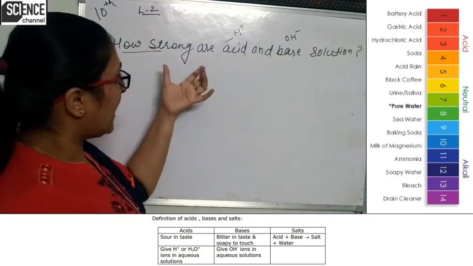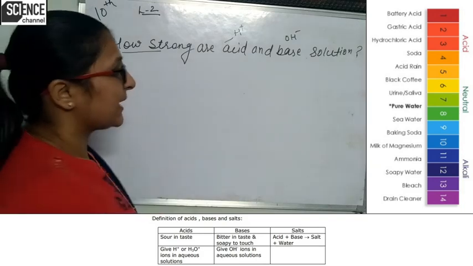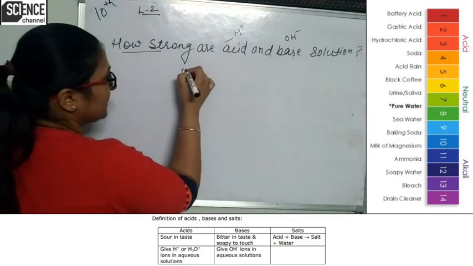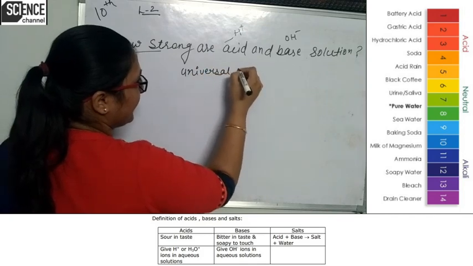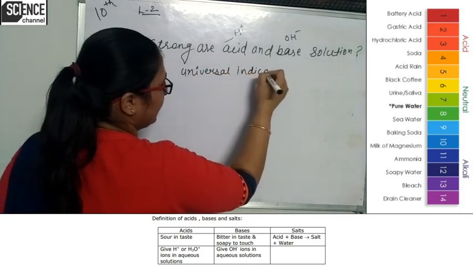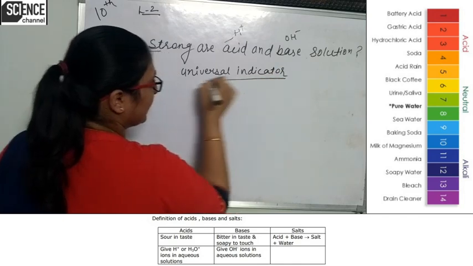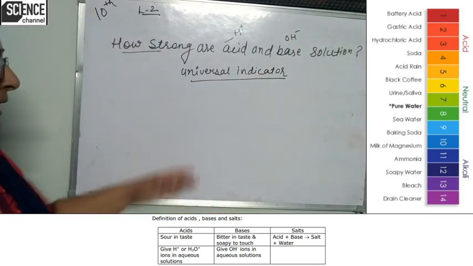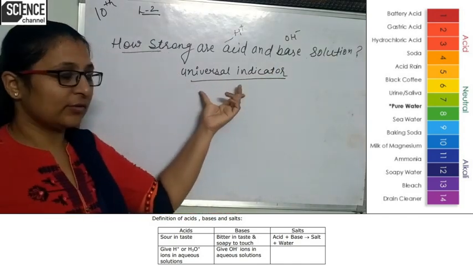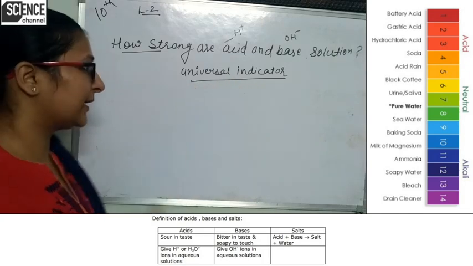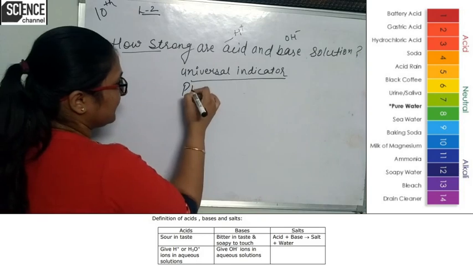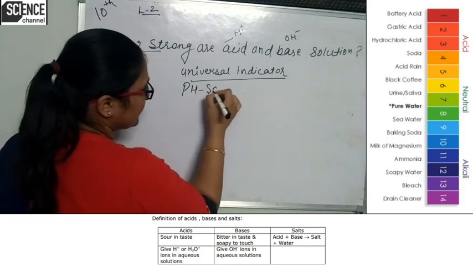That is how strong acids and bases are. We know about the universal indicator, and about acids and bases. How strong the acids and bases are can be known by the universal indicator or by using the pH scale.